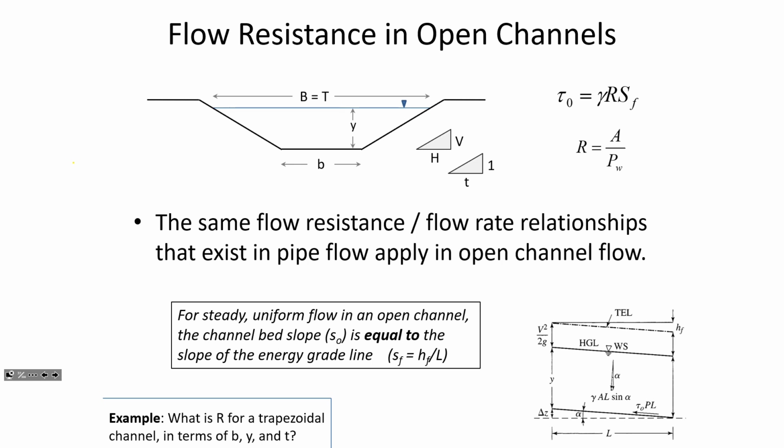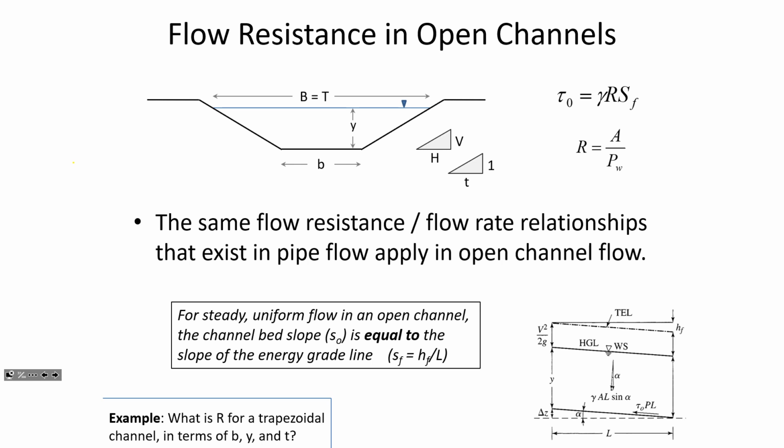So B times Y is this first rectangular section. And then we want to know what is the area of these sides. And so the area of the sides is Y times T, and that gives us this length, and then multiplying it by the depth, which is Y. And so the two of them together, this is just a triangle, and if you put the two triangles together, you've got another rectangle. Okay, so that's the area.